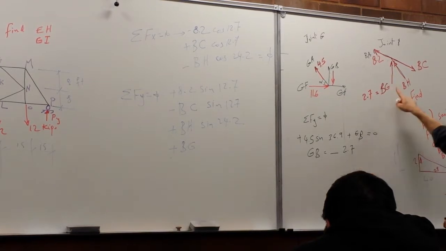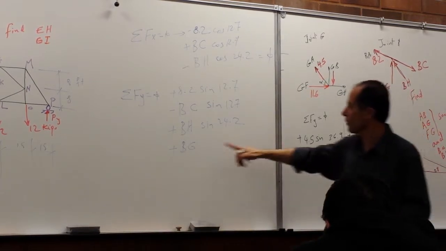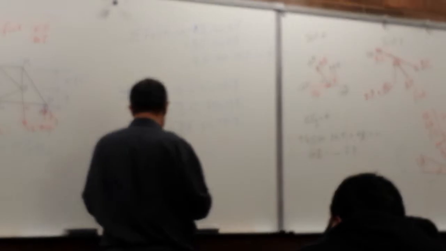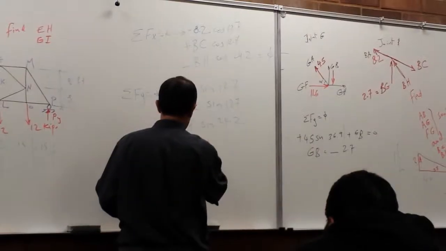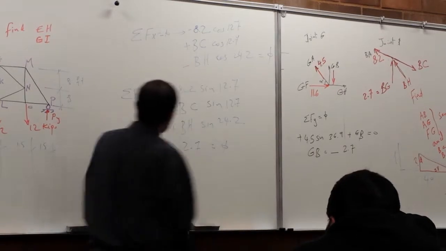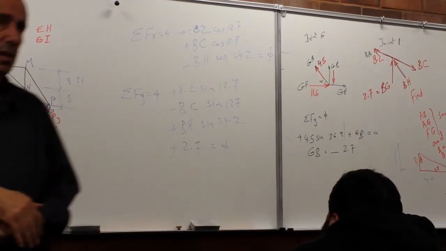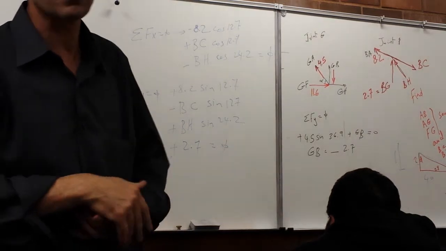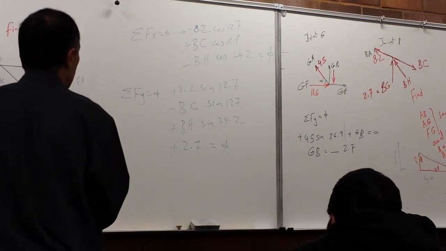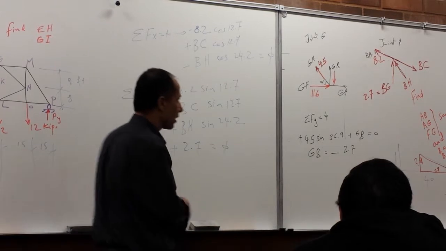Negative. It's positive in here. BG, 2.7, equals 0. Two equations with two unknowns. Can you see that? Plug them in your calculator and you get the answer.